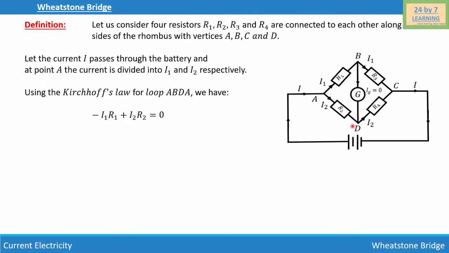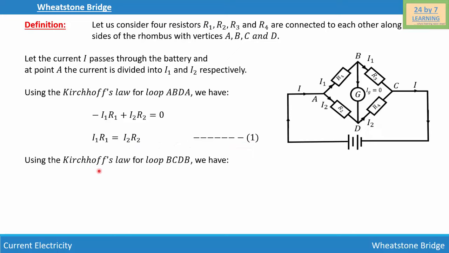For arm AD, the current is passing in this direction, but we are taking the loop like this, so I1 R1 will be negative and I2 R2 will be positive, or vice versa. Let's simplify, and we will get I1 R1 is equal to I2 R2, and let this be our equation number 1.